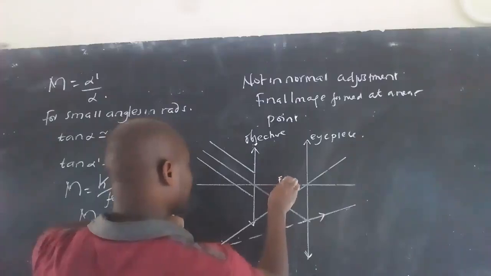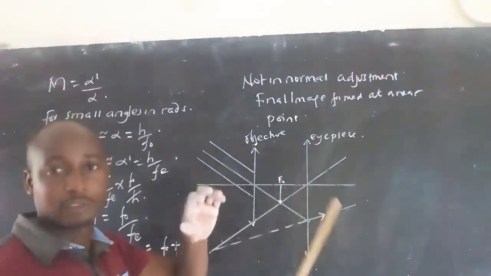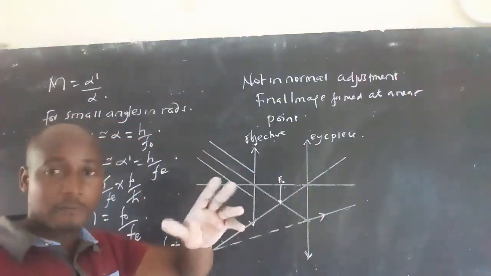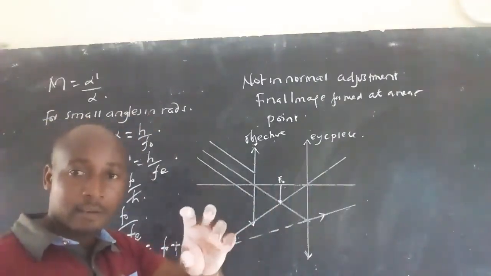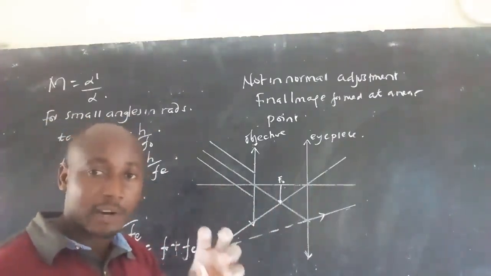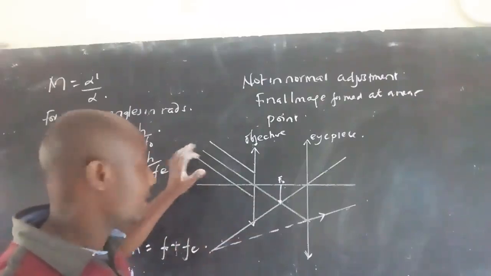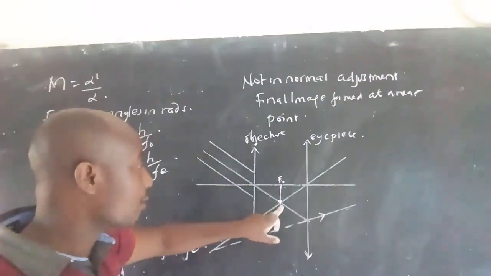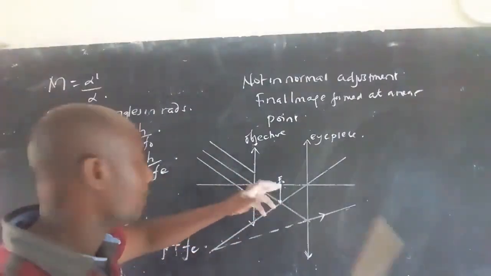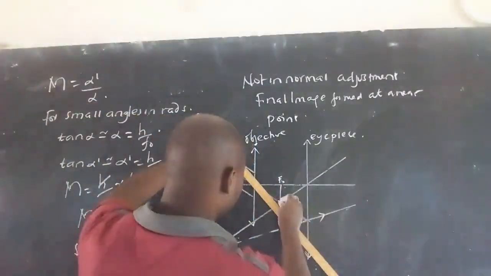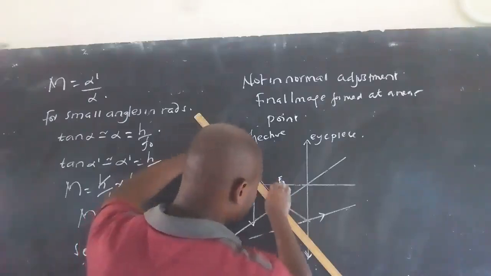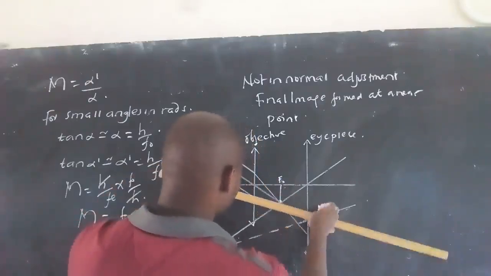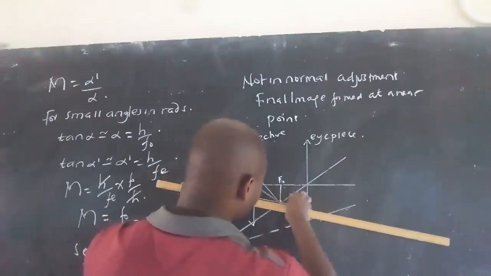Remember, it's formed at F0. You know, rays that are parallel converge at a point which coincides with the principal focus. If they are parallel to the principal axis, then they are supposed to converge here. But they are not parallel to the principal axis. That's why they are converging here at a point which coincides with the what? Principal focus. Then we shall complete it here.